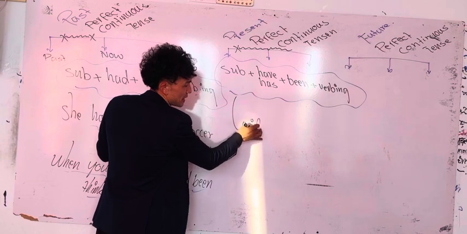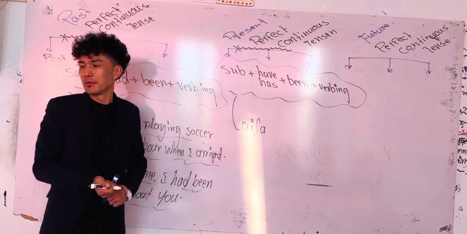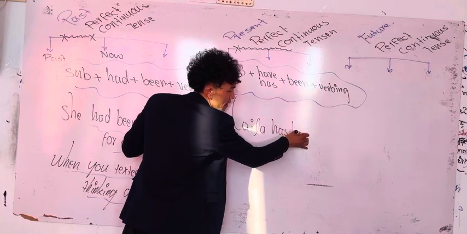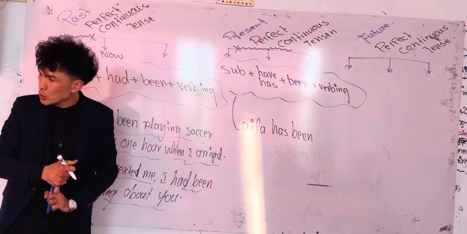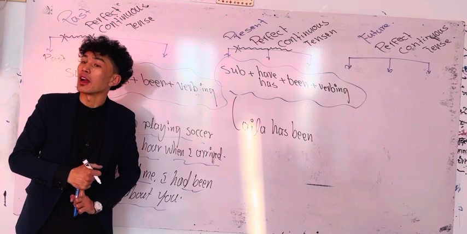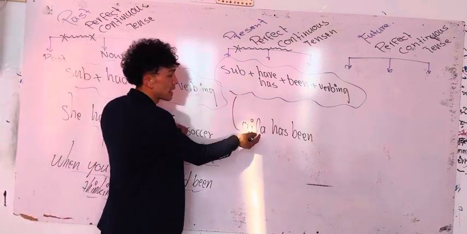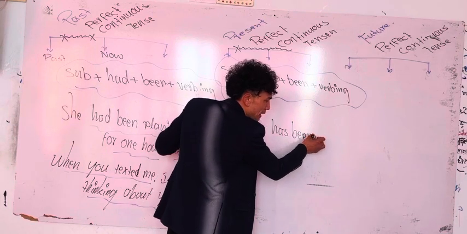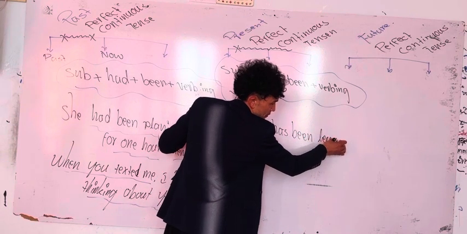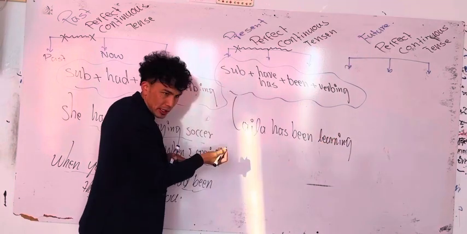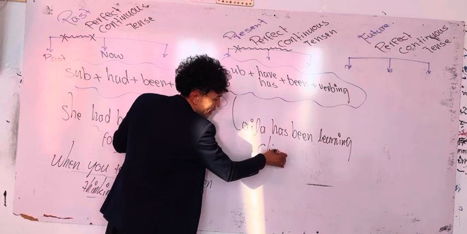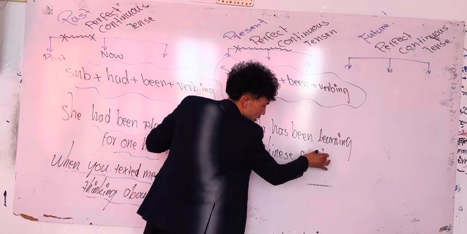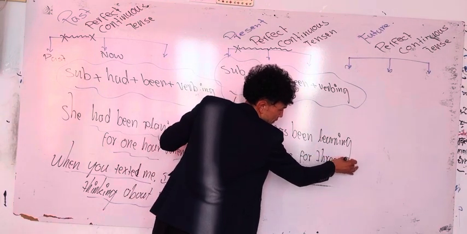Here's a girl named Leila. Leila has or have? Leila has. Been is always there. As I told you, been is used for the ing form of the verb. Okay, Leila has been learning Chinese for 3 years.